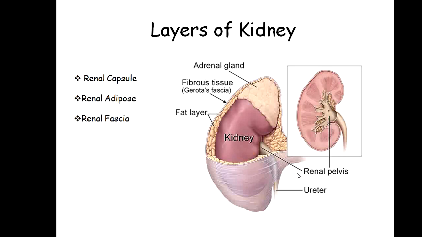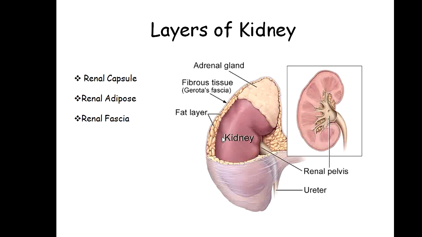Now coming to the layers of the kidney, you can see in the diagram that the kidney has three basic layers: renal capsule, renal adiposa, and renal fascia. The inner layer is the renal capsule, the middle layer is the renal adiposa, and the outer layer is the renal fascia. But the actual layer of the kidney is the renal capsule. You can see here the somewhat violet or purple color.